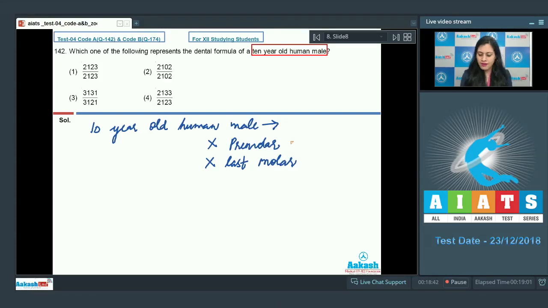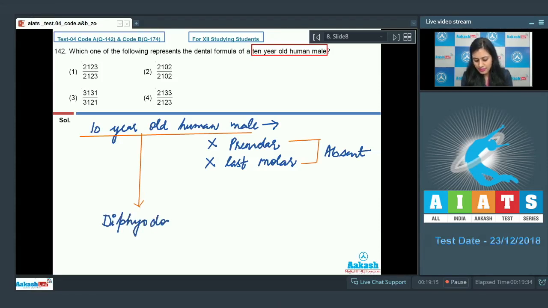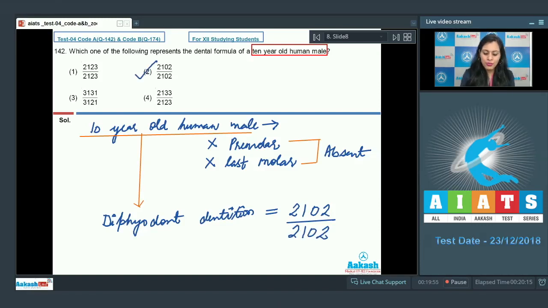They are absent. So in this 10-year-old human male, there will be diphyodont dentition, and the dental formula for this diphyodont dentition is represented as 2102 by 2102. So the correct answer for this question is option number 2, that is 2102 by 2102.